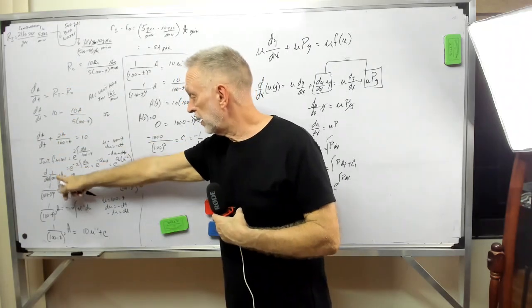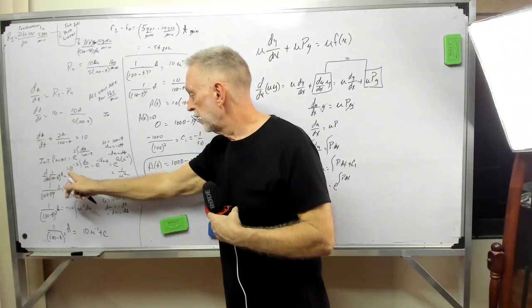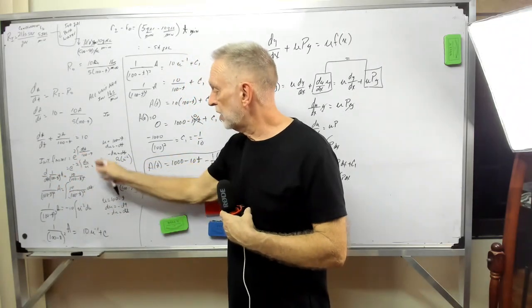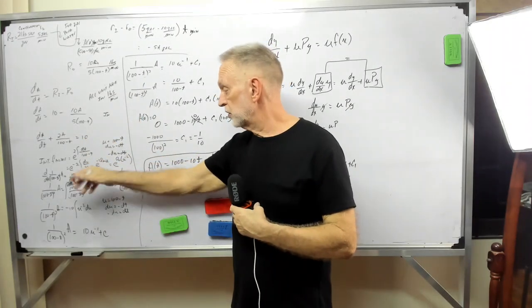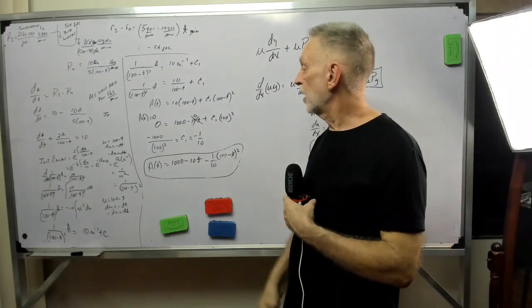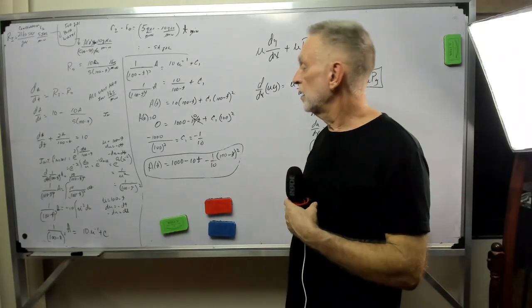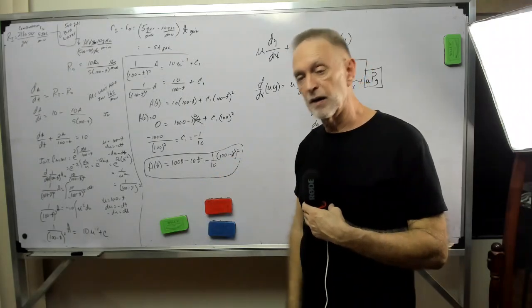Whatever u was times your variable, the derivative of all that equals then u times what's on the right hand side of that equation. And then if you just integrate both sides and then solve for c1, and then you have your equation. It's that simple.